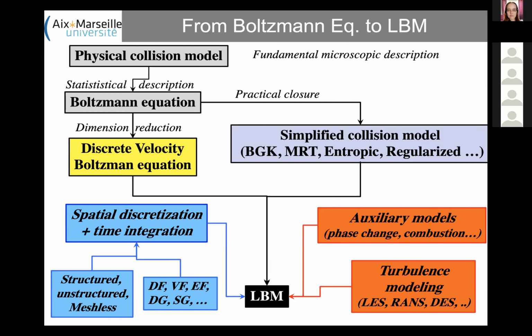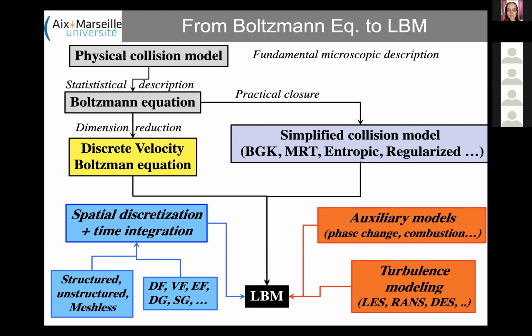And last point is that Lattice-Boltzmann method is nothing but a fundamental equation for fluid dynamics. But of course, you have to supplement it and close it for some additional physics. For example, for phase change, for combustion, for turbulence modeling, you have to add some new models to close the equation and account for new physical mechanisms.